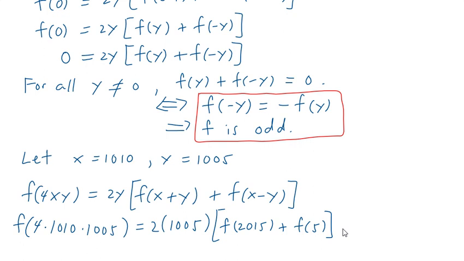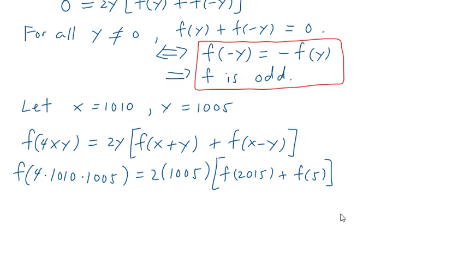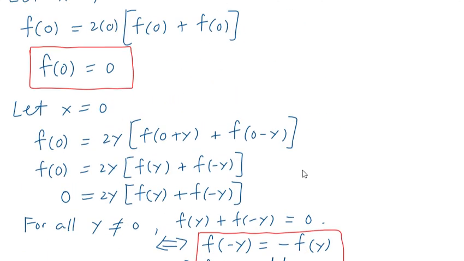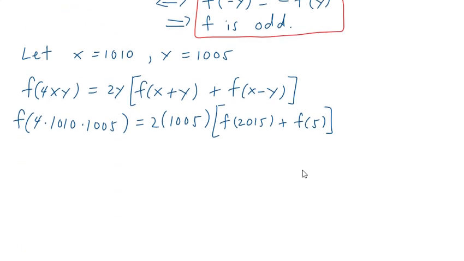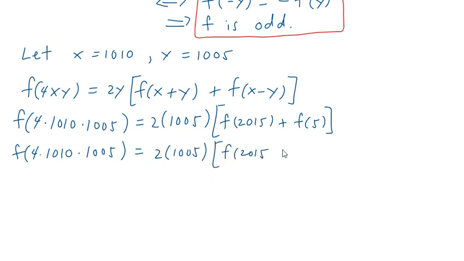Alright, now take note that f(5) is just equal to 3, right? It's given in the problem. So we have f(4 times 1010 times 1005) = 2 times 1005 times (f(2015) + 3).